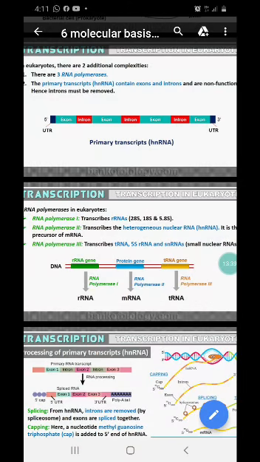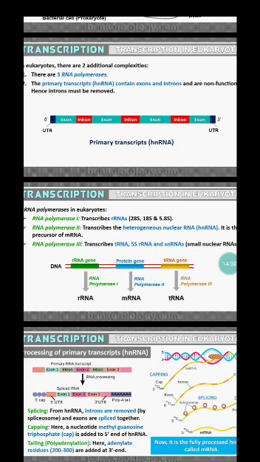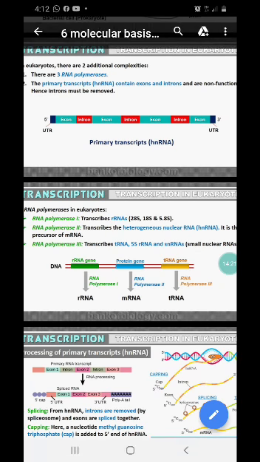Children, so RNA polymerase 1 is the one which transcribes rRNAs. What is rRNA? It is the ribosomal RNA. So which is the one which transcribes ribosomal RNA, children? It is RNA polymerase 1. Right. RNA polymerase 2 transcribes our mRNA, which is transcribed from the DNA. Children, I also told you in the last class that the mRNA formed is not perfect, right?